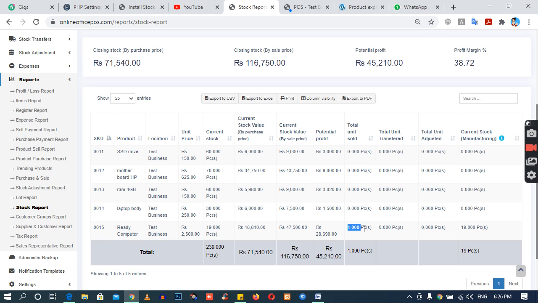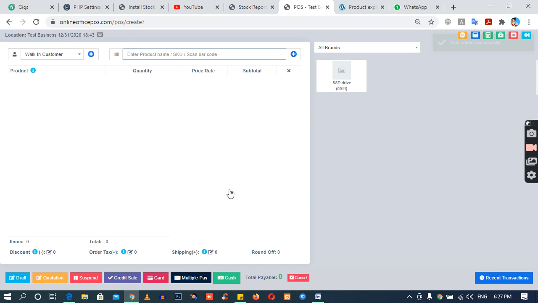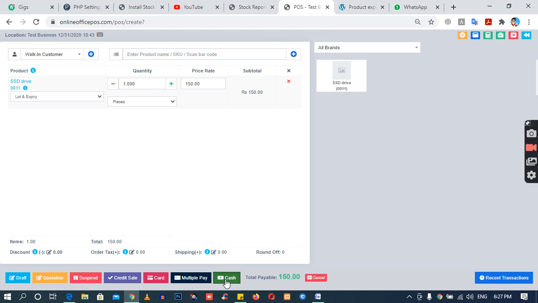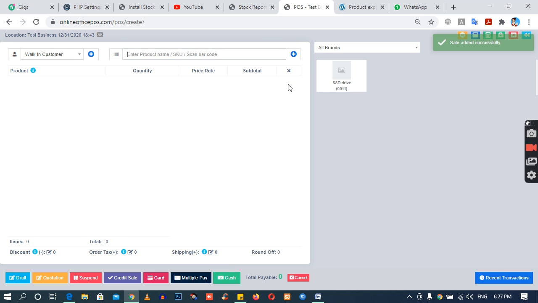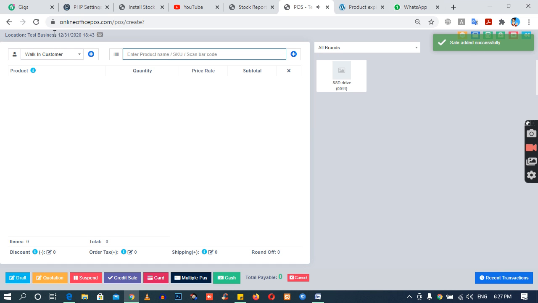I have sold one piece, and even this stock is minus. Okay, so if I sold one more computer, look at these values, these would also be deducted. Okay, for example, I sell one more item, and oh sorry, the SSD drive individual sale. I refresh it.